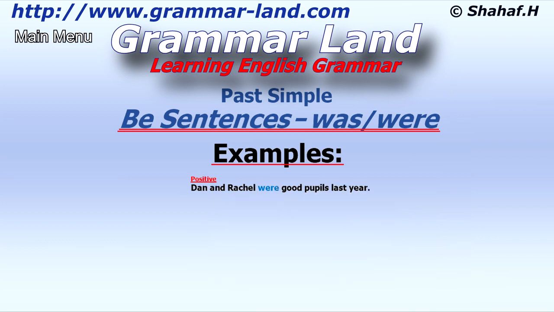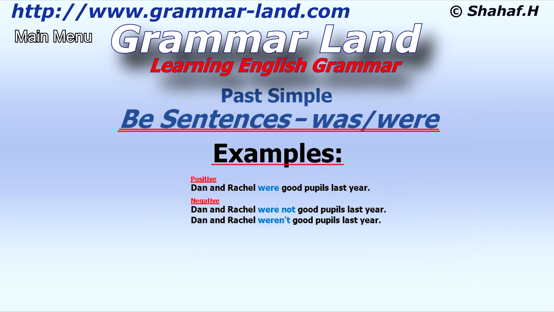Positive. Dan and Rachel were good pupils last year. The subject, Dan and Rachel, is equal to they, therefore, we use were in this sentence. Negative. Dan and Rachel were not good pupils last year. Or, Dan and Rachel weren't good pupils last year.